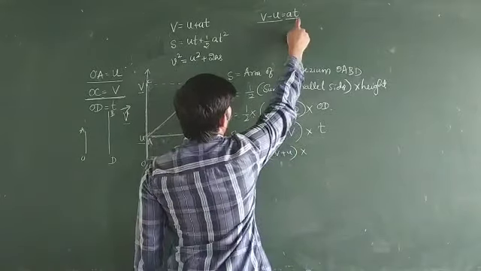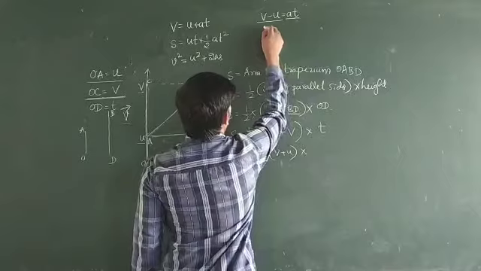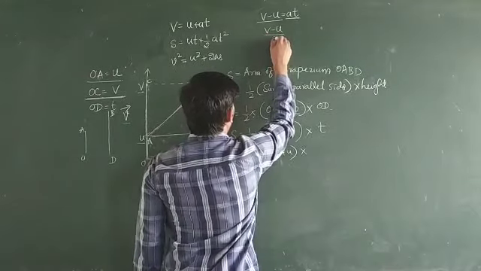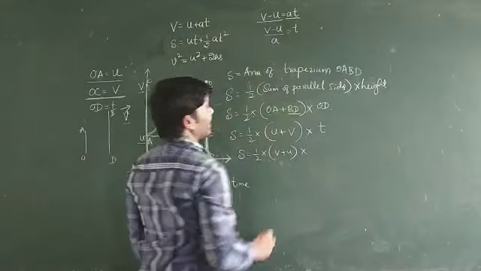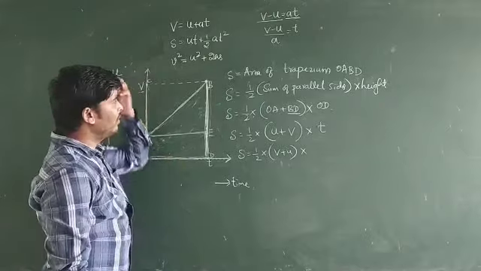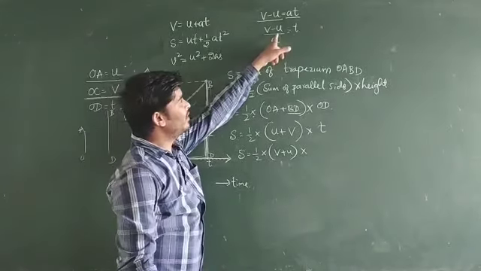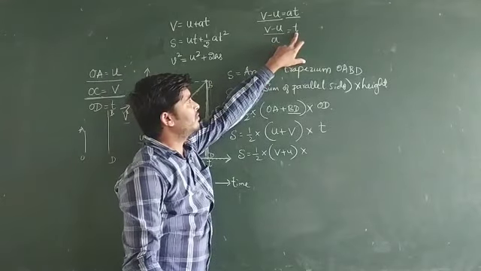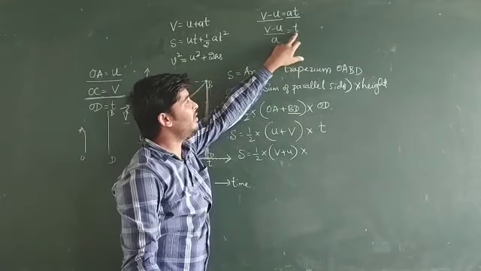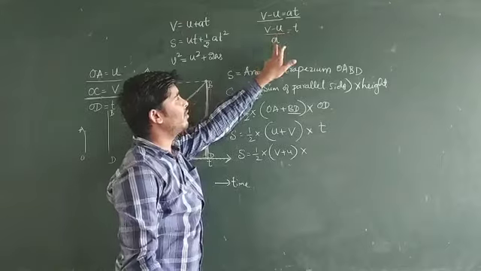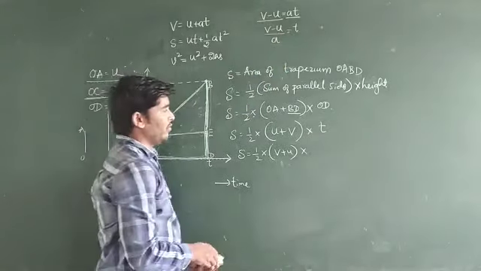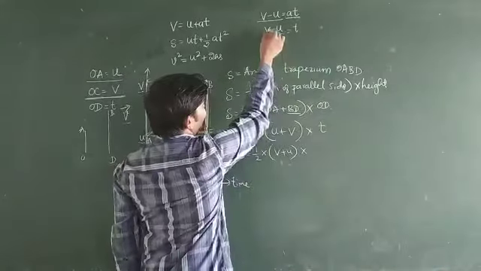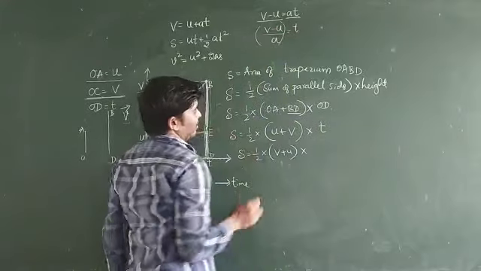From the first equation of motion, the relation for the time T is given as T equal to V minus U divided by A. So in place of T, just write this equation.